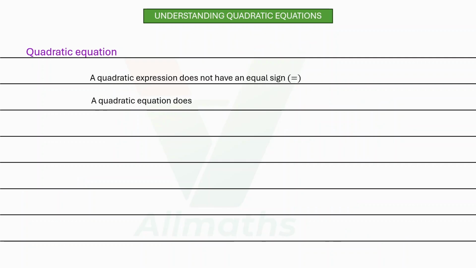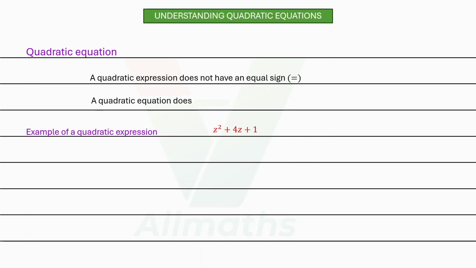Now, coming to quadratic equation. A quadratic expression does not have an equal sign. A quadratic equation does. Now, this difference is not only in quadratic, even in linear. Once it doesn't have an equality sign, it's just an expression. But once it has an equality sign, it's an equation, from the word equal, equation.